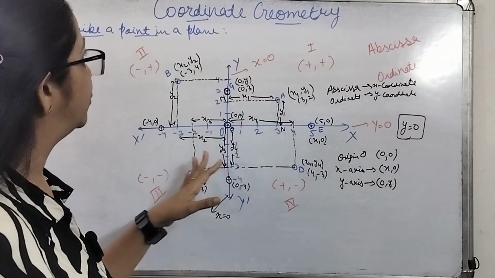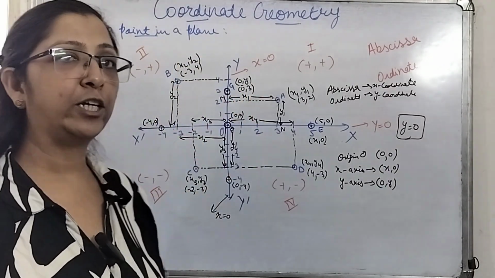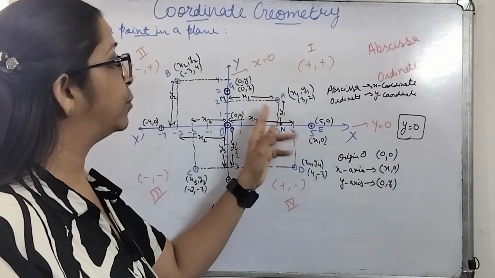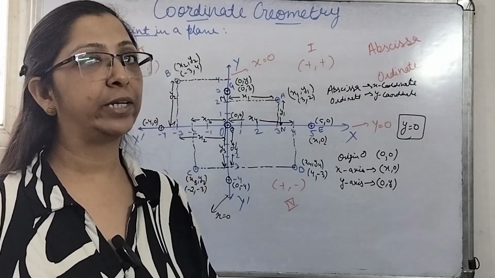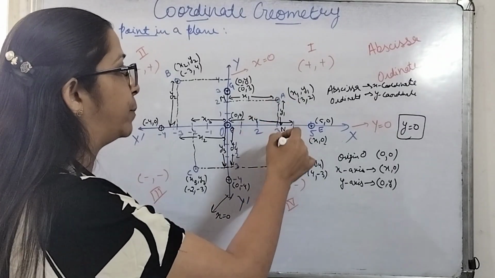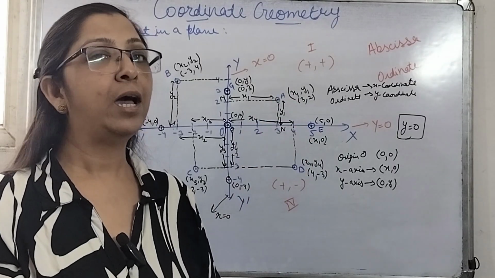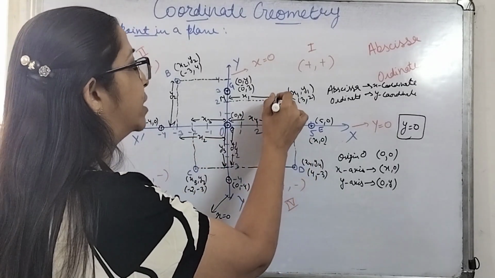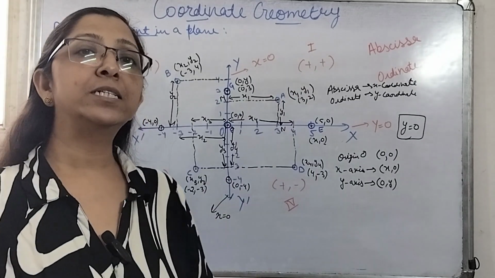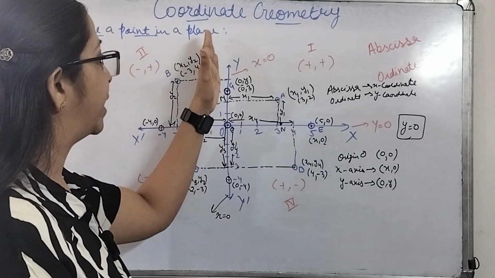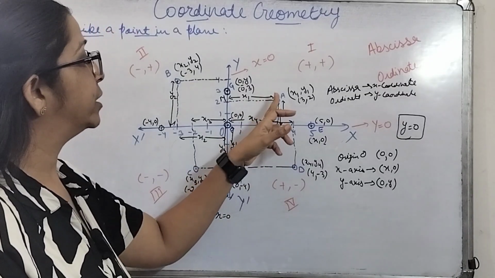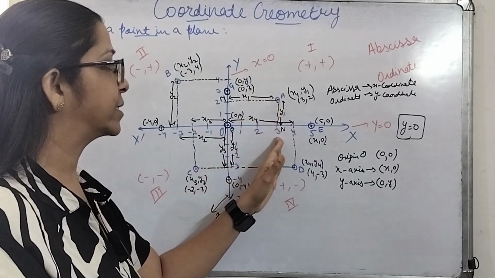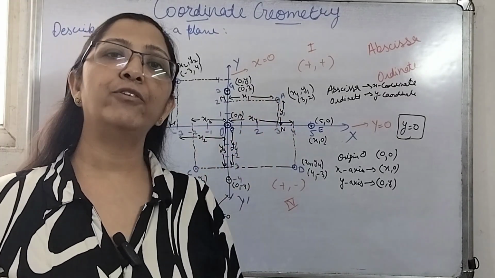Hope it is clear to you how we can describe a point in any plane. For describing any point in a plane, we want its x-coordinate and its y-coordinate. For that, we have to draw the perpendicular distance on the x-axis and on the y-axis from the given point. The perpendicular distance of the point from the y-axis will be its x-coordinate, and the perpendicular distance of the point from the x-axis will be its y-coordinate.